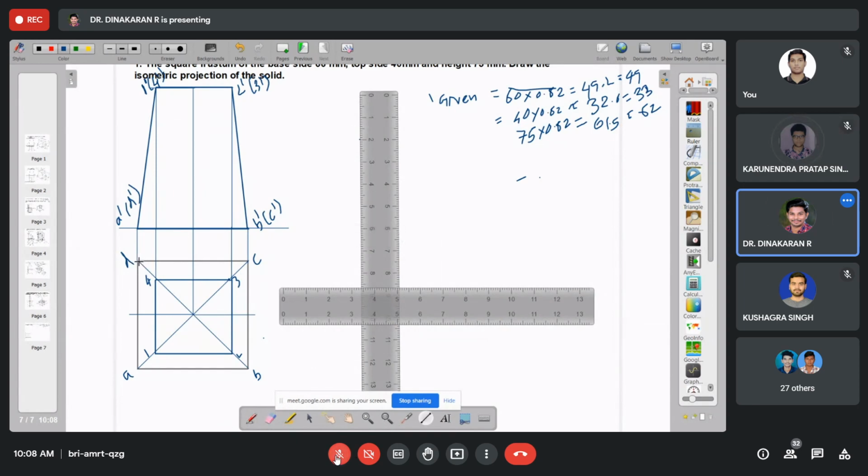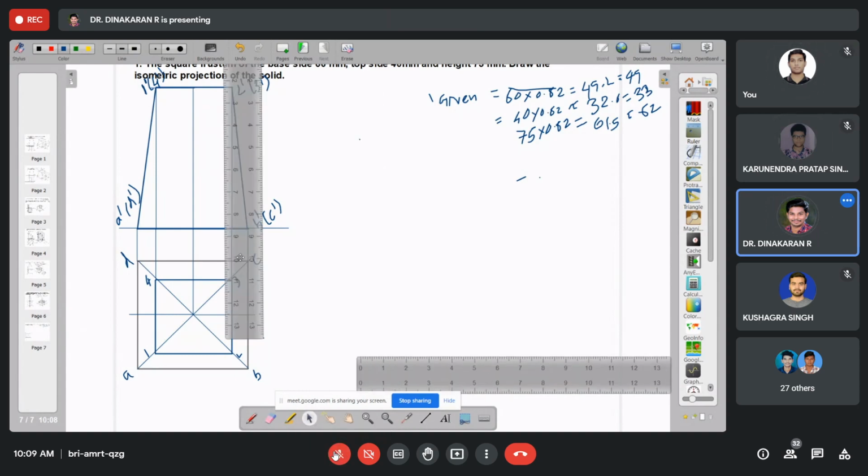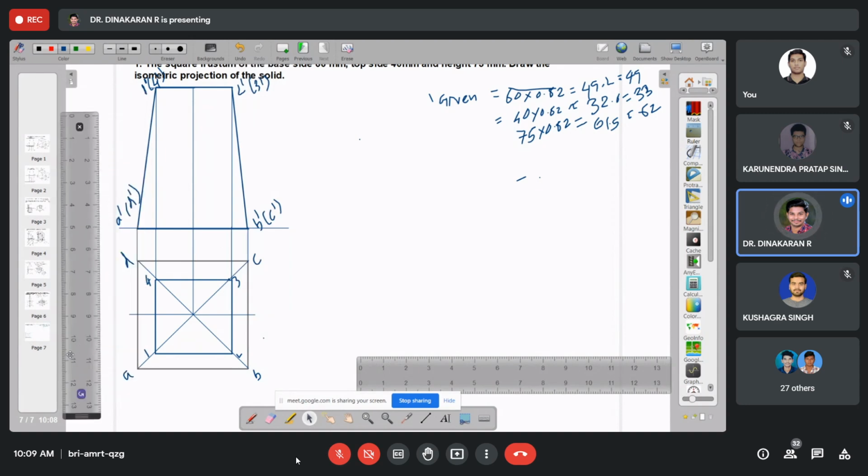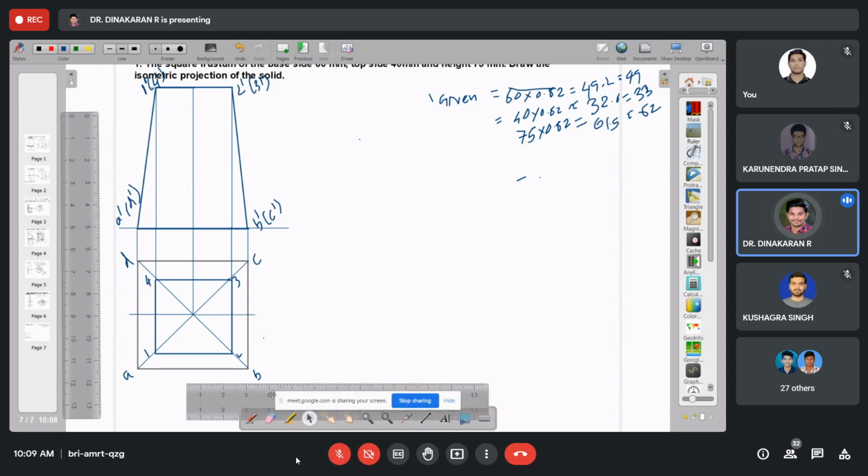Till now, if you have any doubt, you can ask me, because we are going to move on to isometric projection. First we need to make a true shape. If reduction scale is needed, we follow the reduction scale only. In some cases where isometric view is given, we make a 40 square. But here a 60 base is given, so this is isometric projection, and 60 into 0.82 conversion is required, so totally 49.